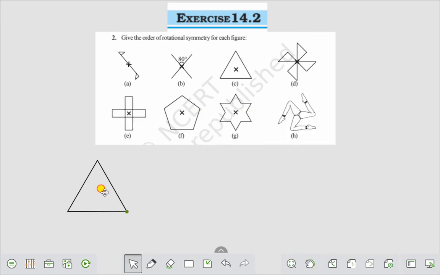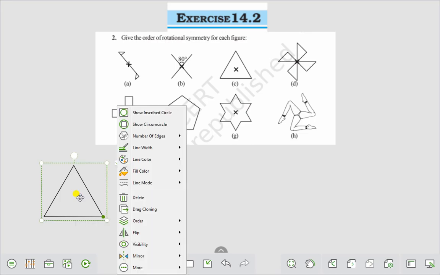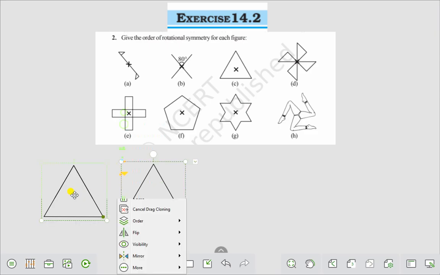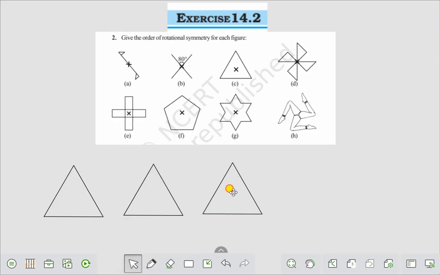Here we have taken the triangle. Let us take this point. Suppose this point is P, and you've taken an arrow here.